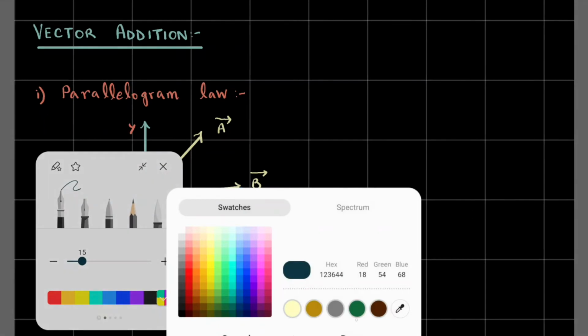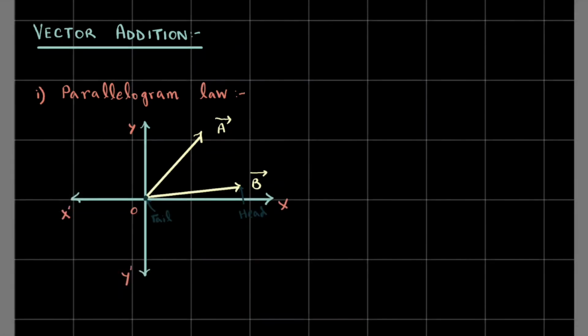Okay, now let me take green for this one. I just make a parallelogram having these two sides as the adjacent sides. Okay, let's say that is parallel to the side A, and I'll make that line dotted.